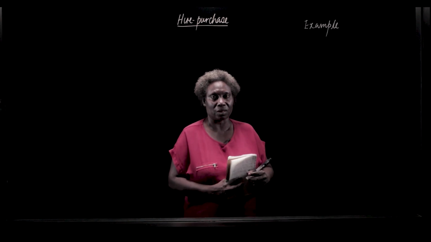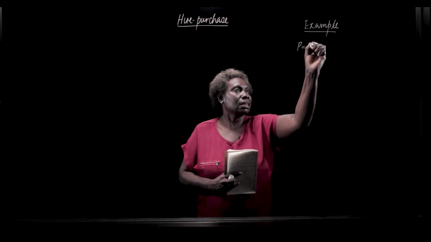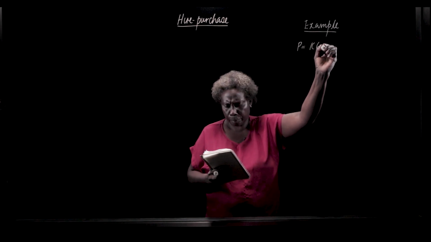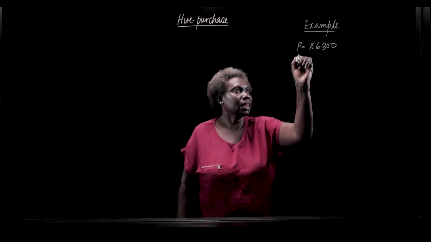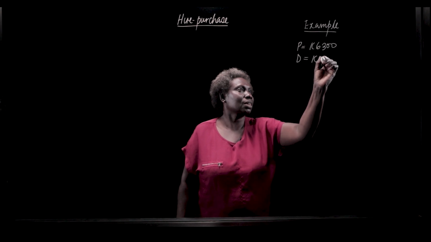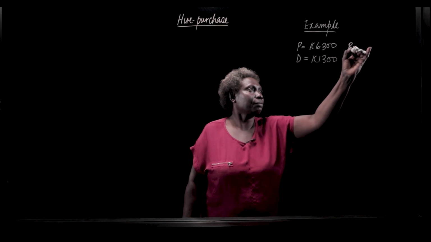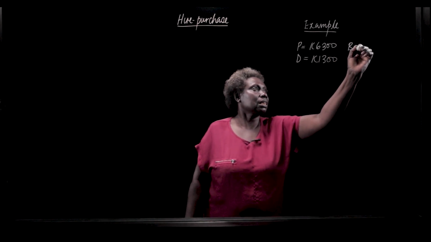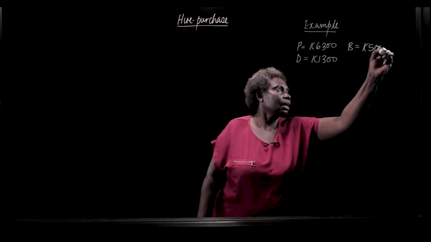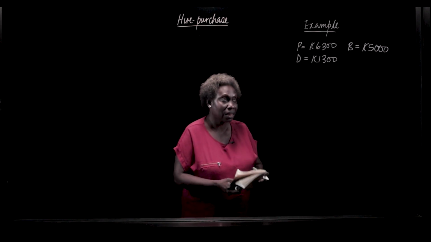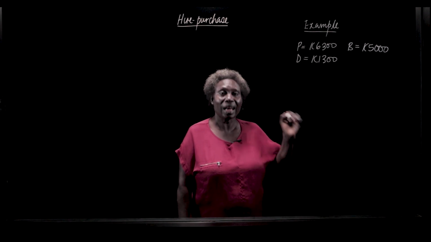The cost of the item is 6,300 kina, and he deposits 1,300 kina, and the balance after the deposit is made is 5,000 kina. So he has a balance of 5,000 kina that he has to pay plus interest.